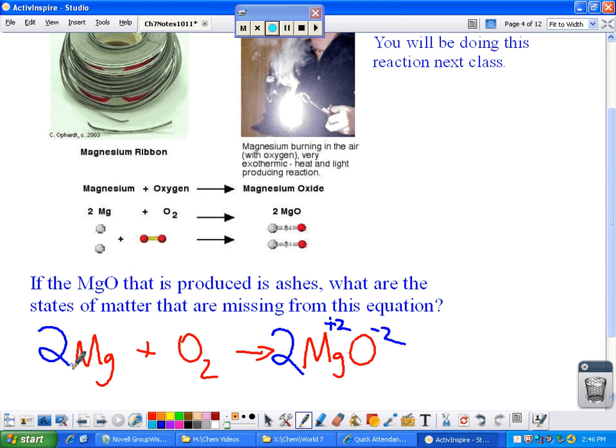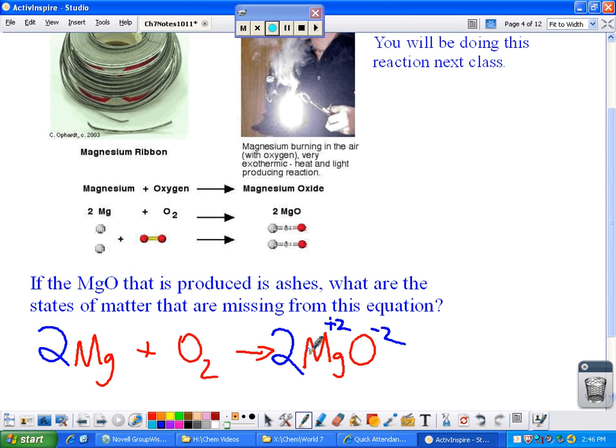That's going to be a very common theme in our future, is predicting the products, using charges to think about those products. And because these products are plus 2 and minus 2, that's why we can't change the subscripts. They're based on the charges. Yes, JK. So even though we balanced the chemistry like last chapter, we have to use the charges first, and then we'll balance the equation.